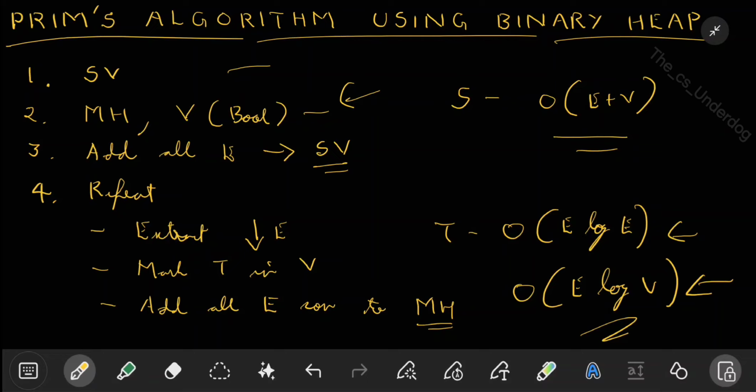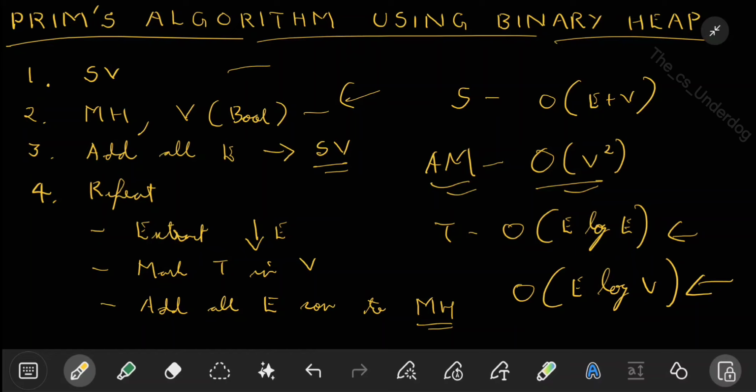So the next question is, which representation should we use? In the previous lecture, we had seen that you can achieve time complexity of order of V square when you have adjacency matrix representation. Here, with adjacency list representation, you were able to achieve order of E log V. Then one question is, why am I specifically saying that you should use this representation for adjacency list and that representation for adjacency matrix?